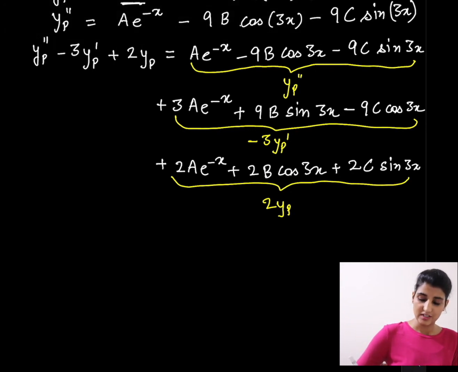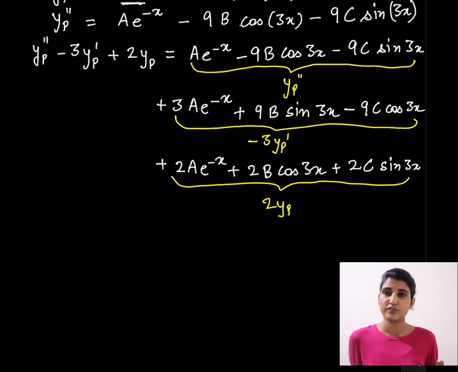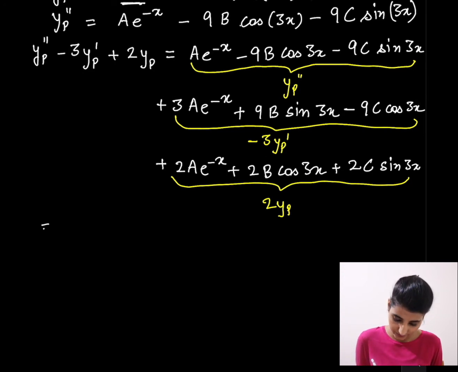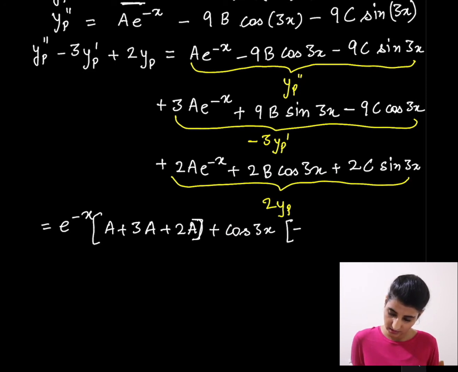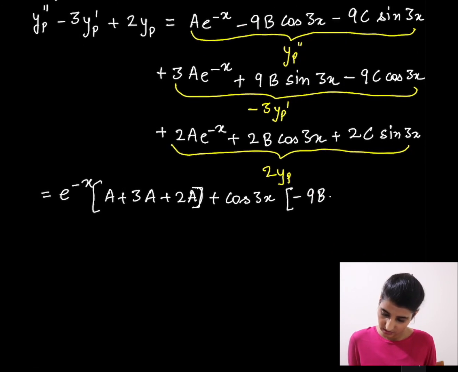Okay, now let's collect the coefficients of similar terms. What is the coefficient of e^(-x) here? It's a plus 3a plus 2a. What is the coefficient of cosine 3x? It's negative 9b minus 9c plus 2b.